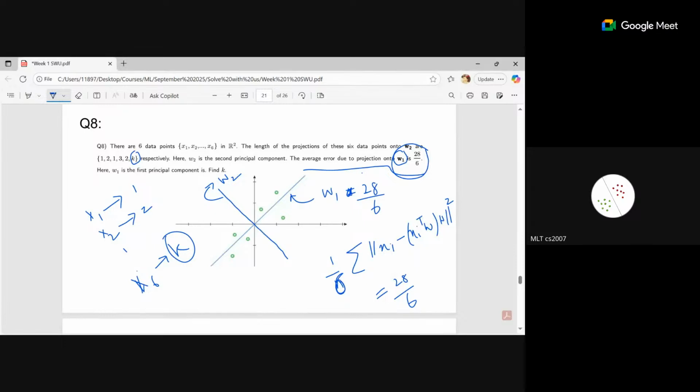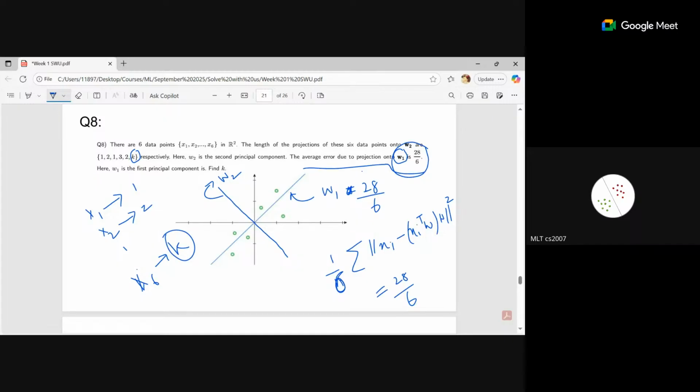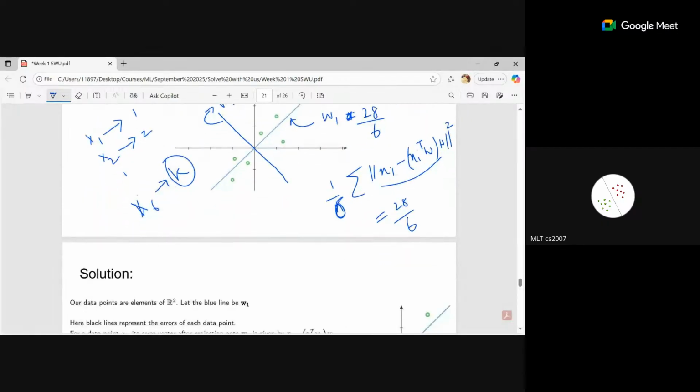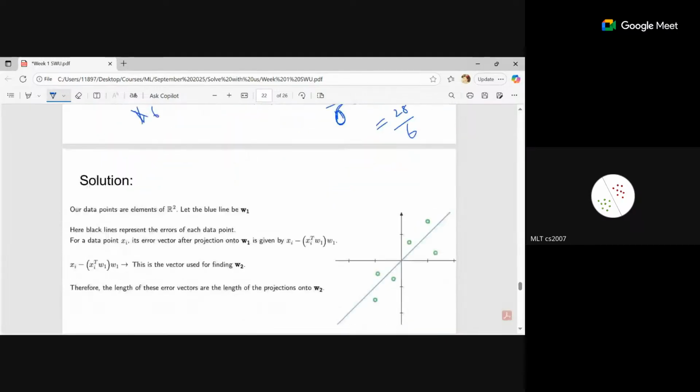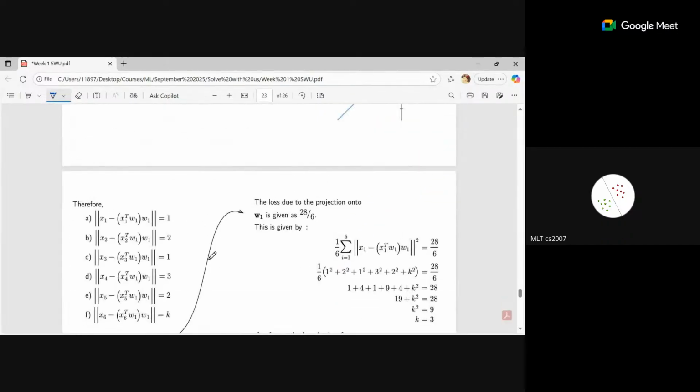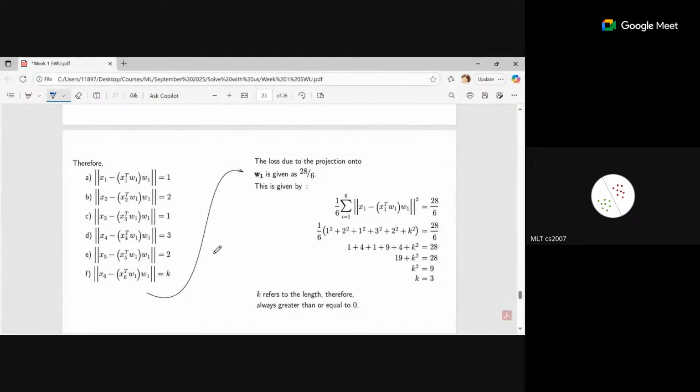If this is known and this is also known to us, then all we need to do is solve for this. So this is known to us, this is known to us, and that is 1, 2, 1, 3, 2, k. So we just solve this equation and we get k equal to 3.